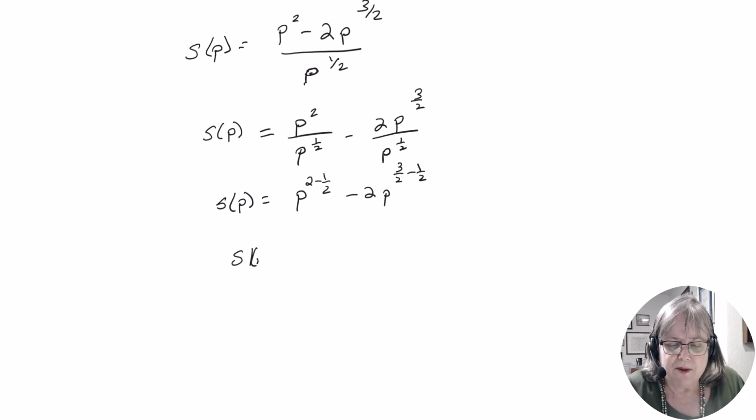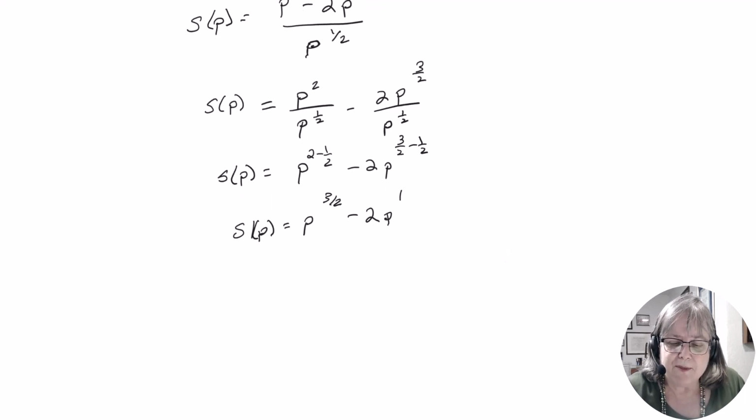So this is p, and 2 minus 1/2 is 3/2 minus 2. P to the 3/2 minus 1/2 is p to the first, right? Now, sometimes I see students work problems like this, and I think they just get distracted or kind of lose track of where they're trying to get.